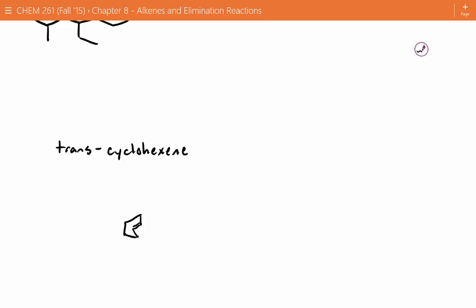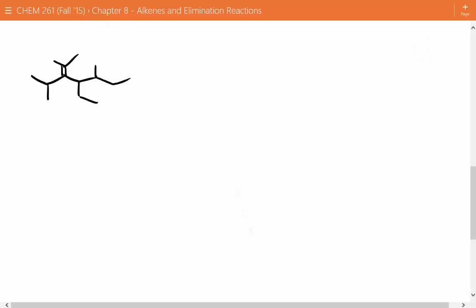Does that look like a very happy molecule? No. It's really, really hard to draw trans double bonds in ring systems unless you're getting into really, really big ring systems like a cyclooctane or a cyclononane, or nonene, I should say. So always be aware of that. Sometimes you won't see cis and trans written for ring systems unless you're dealing with really, really huge rings.